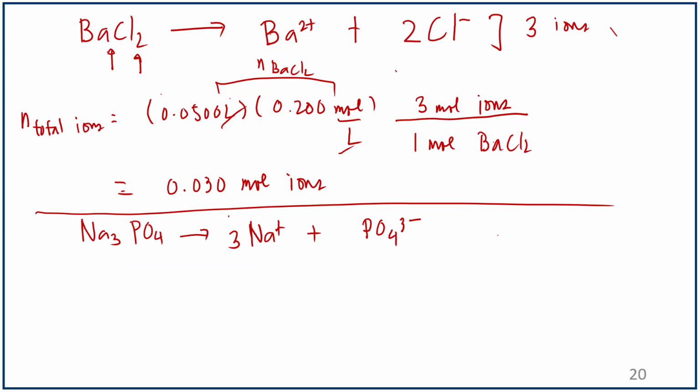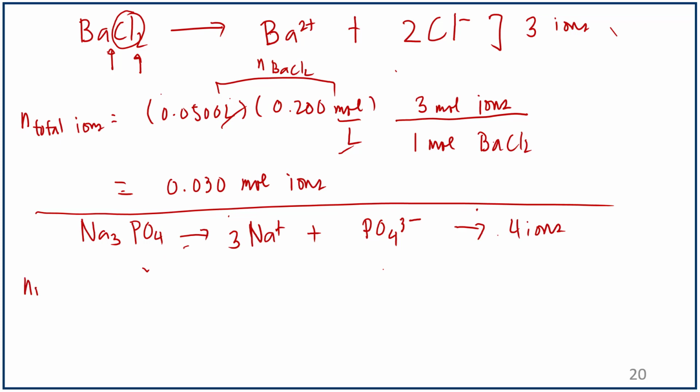So there are a total of 4 ions. When you count the number of ions based on the formula, this one will be 3, and then this entire thing will be 1, because that entire thing is your anion, unlike barium chloride, in which you just have a monatomic anion. But to do the math, it's basically the same thing.